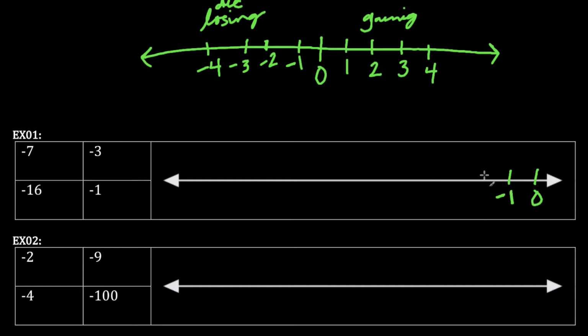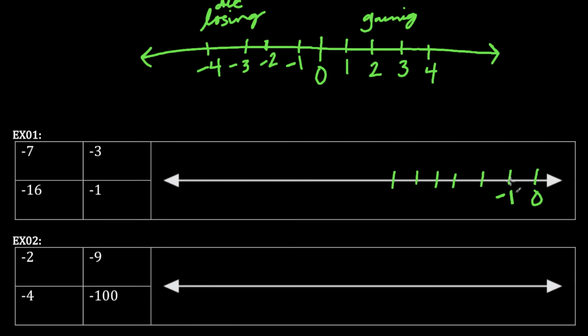And we don't have to make this perfect. If you want to, you can go ahead and do -2, -3, -4, -5, -6, -7, but you might run out of space. Anyways, this is all about just showing that you generally know where they are, right?